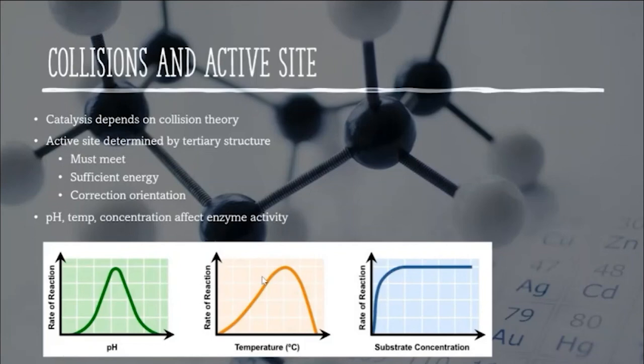Human proteins are optimal at certain temperatures, which is 37 degrees Celsius for almost all of them. Amino acids have different positive and negative regions, so pH alters their charge and therefore their solubility.